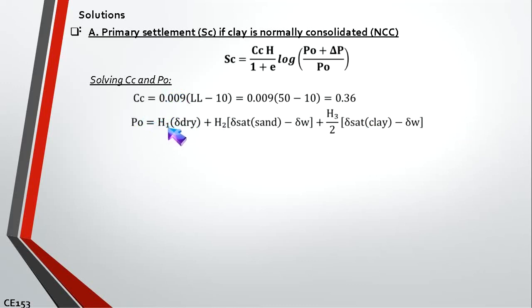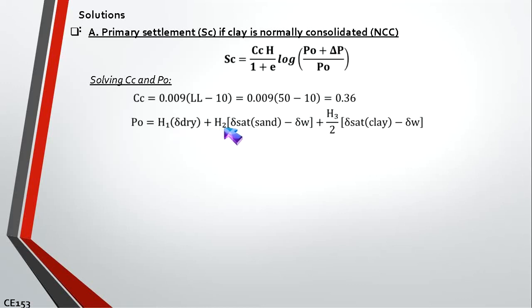In the past slide, we have 3 layers of soil: height 1, height 2, and height 3, which are given. The unit weight of the soil times the height gives the pressure. For H1, the dry unit weight of the soil is given, which is 110.